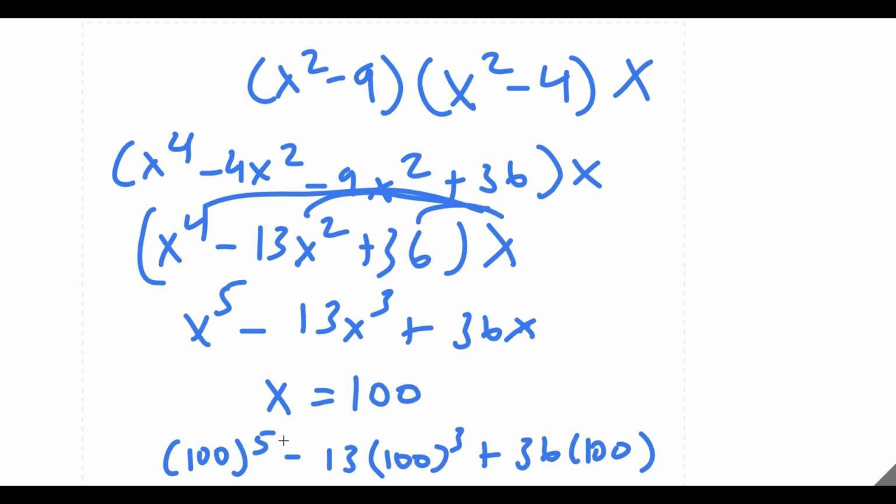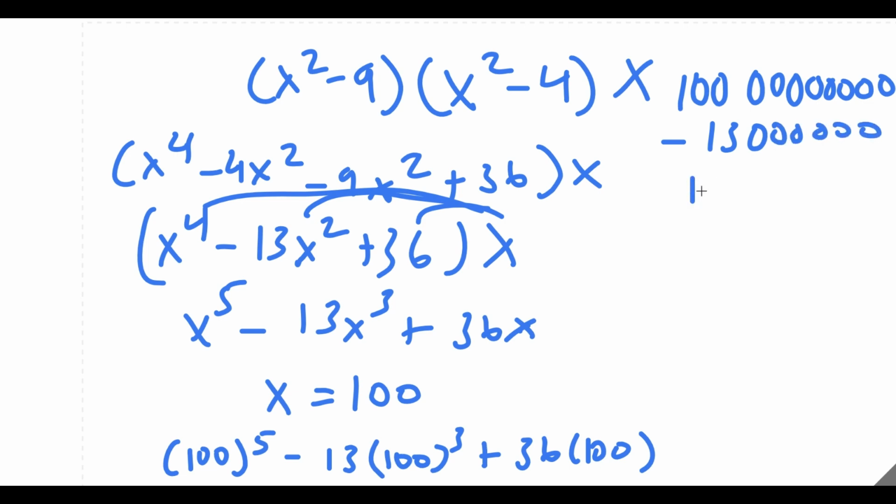Now 100 to the power of 5 is 1 with 10 zeros. Then, minus 100 to the power of 3 times 13 is going to be 13 with 6 zeros. And then plus 36 times 100, which is simply 3600.